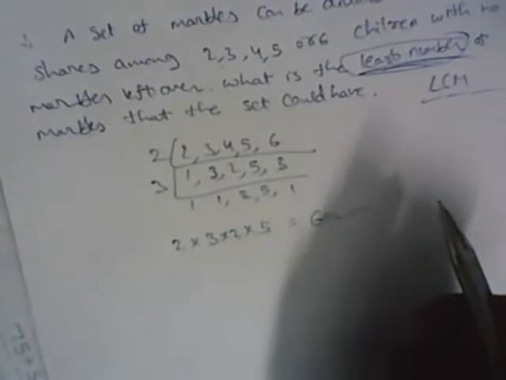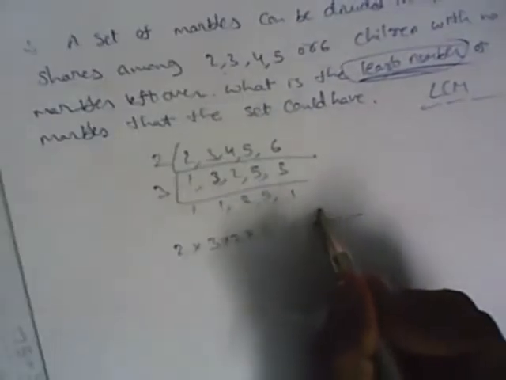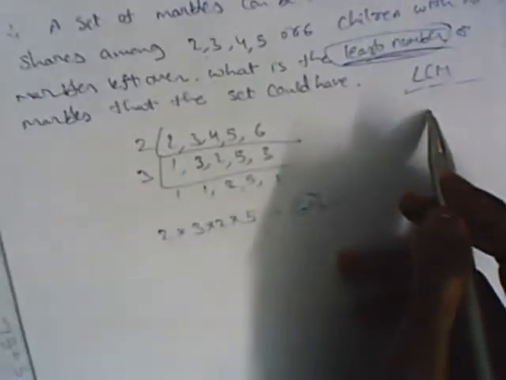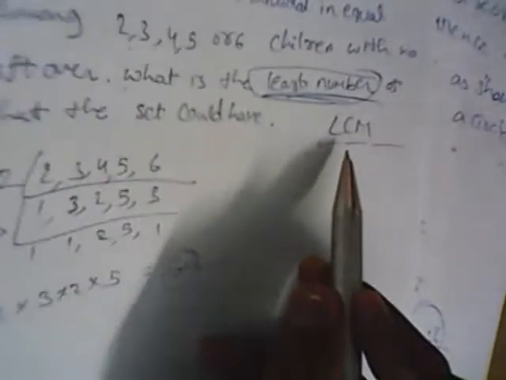Among 6 children, 10 each up to 6 members. So no marbles are left over. Here we need to observe the LCM concept in this sum. Whenever they ask the least number, we need to follow the LCM, because LCM is the least common multiple.